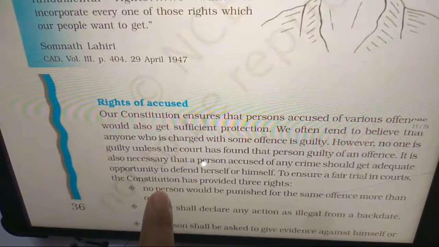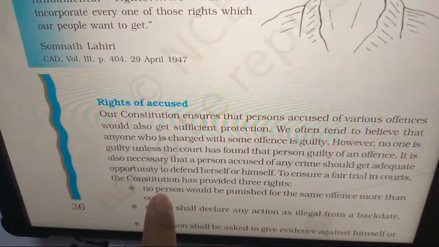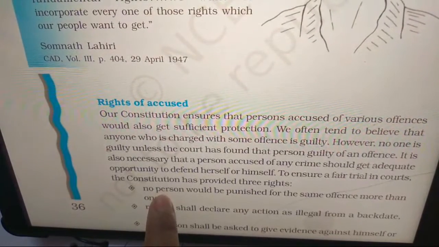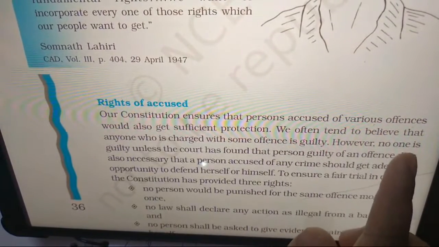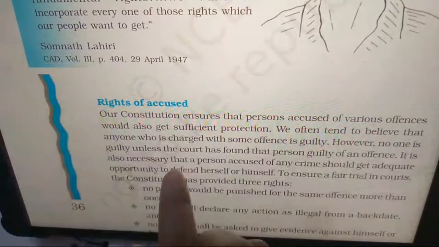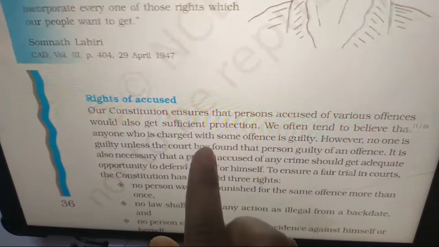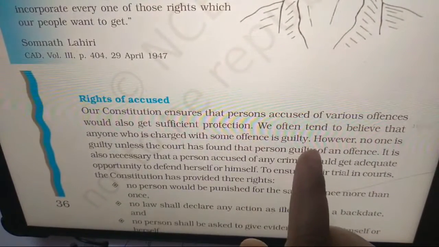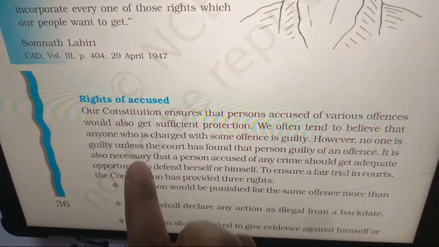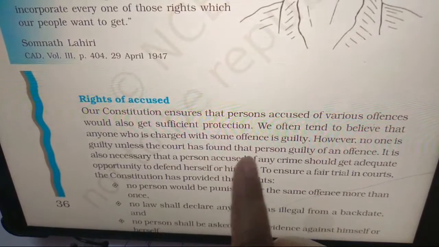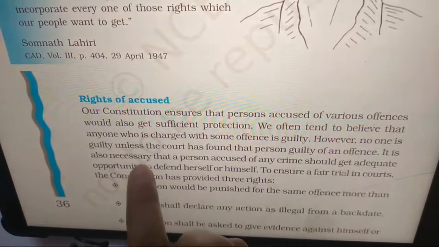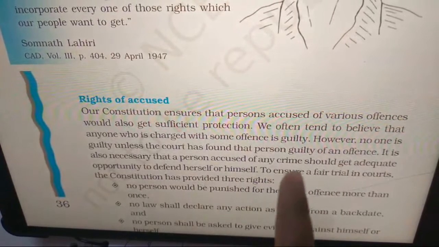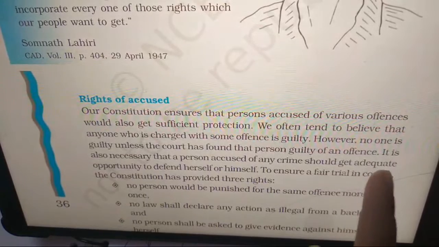Rights of accused. Our Constitution ensures that persons accused of various offences would also get sufficient protection. We often tend to believe that anyone who is charged with some offence is guilty. However, no one is guilty unless the court has found that person guilty of an offence.